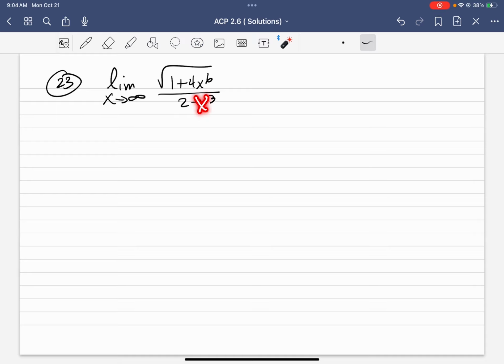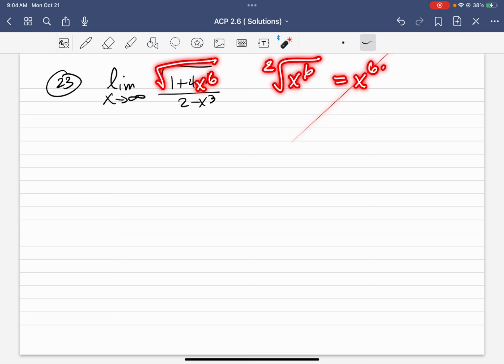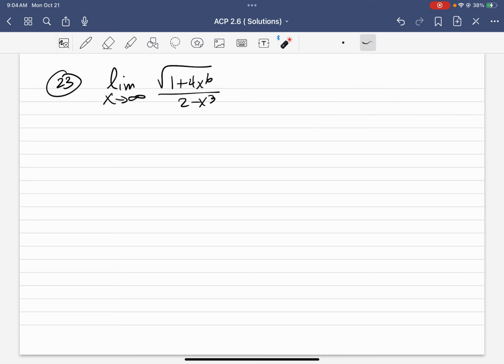On the bottom, the highest power is 3. On the top, we're taking the square root of stuff to the 6th. So the square root of stuff to the 6th is the same as x to the 6th to the 1/2, so it's also x cubed. So really, the highest power we have is just x cubed.